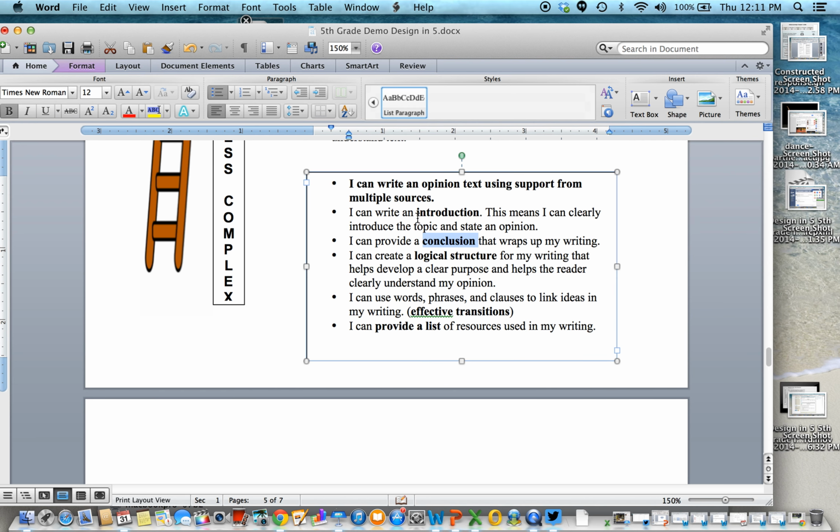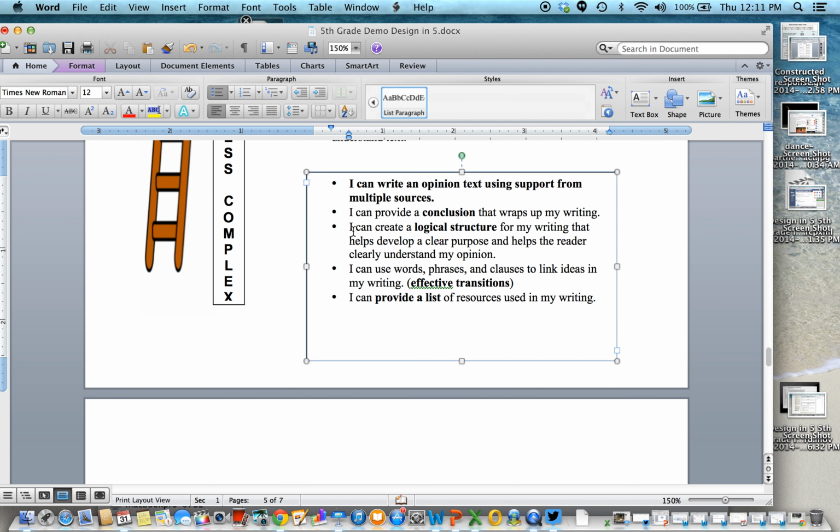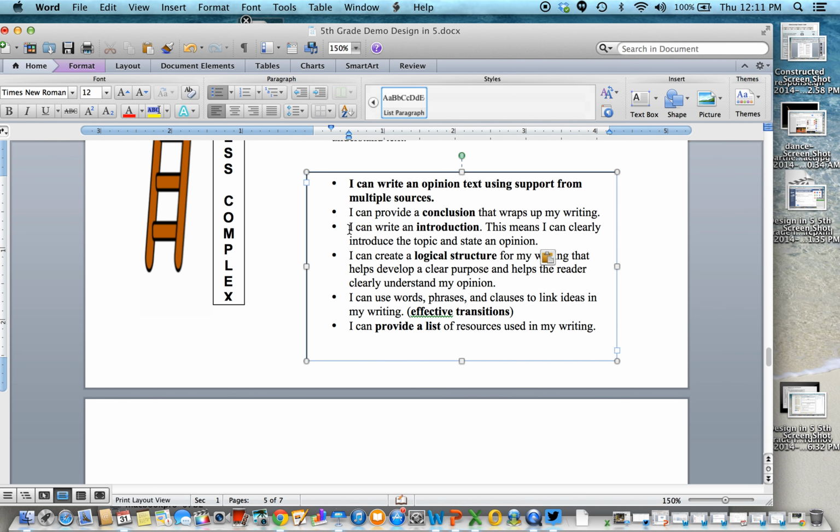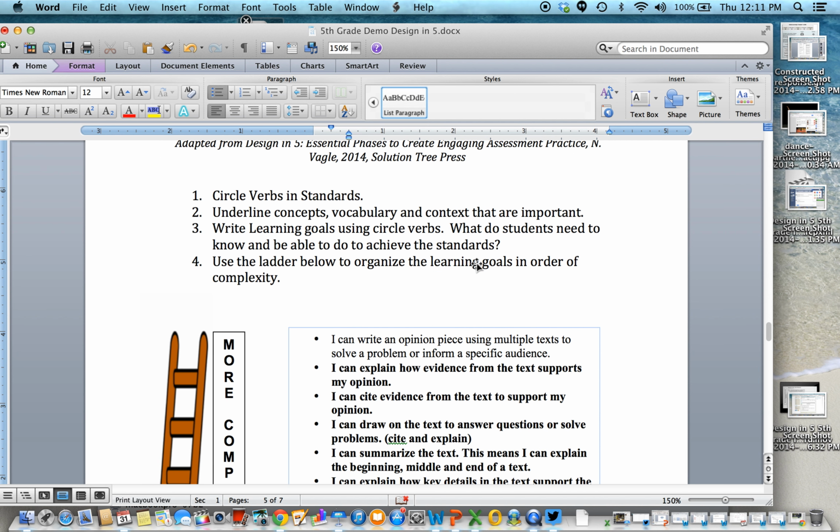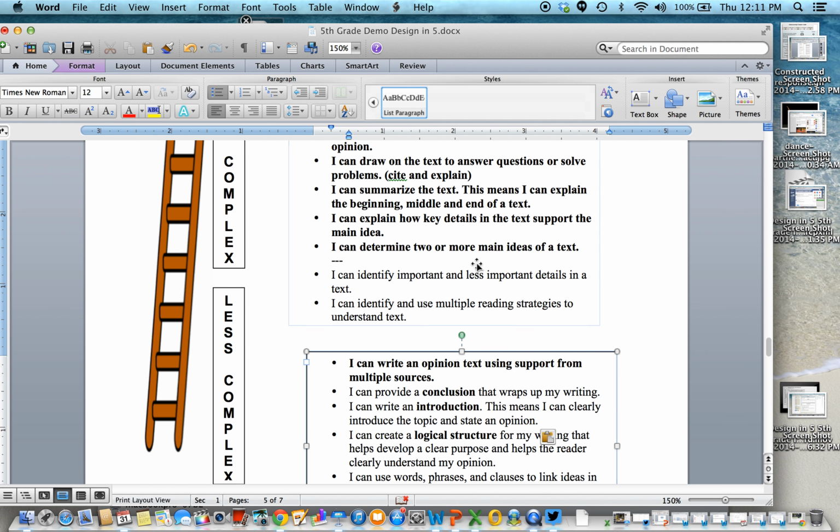Conclusions are sometimes a little more difficult to write well. You can restate, but conclusions are more than restating. They're really summarizing the main idea and leaving people thinking. So this might be the way I would dabble in this, but this is actually going to inform more of our rubric creation and our criteria there. So now we have completed phase 2 of this particular unit assessment. All right.